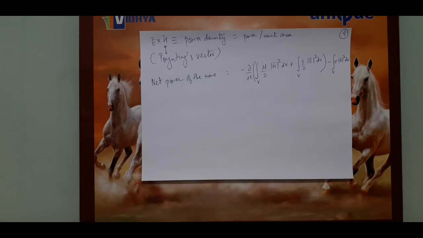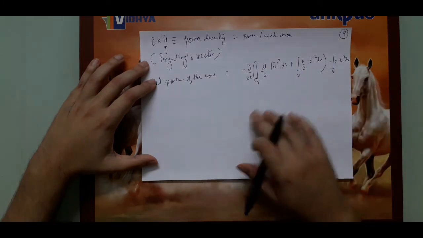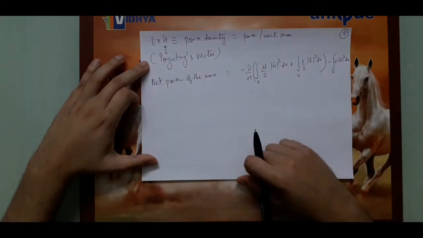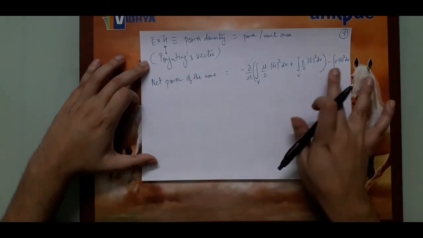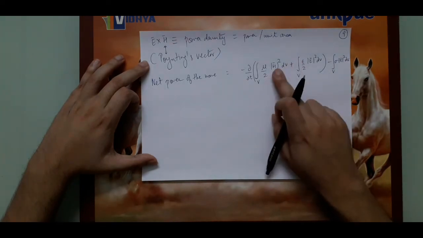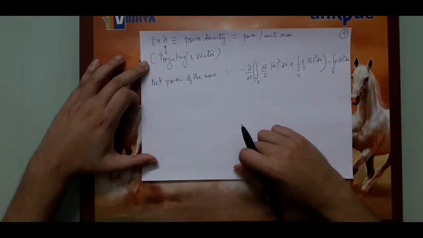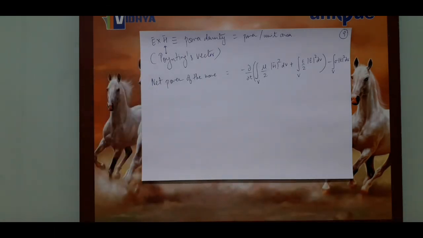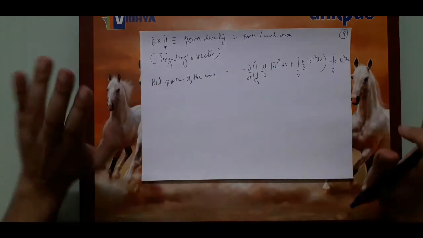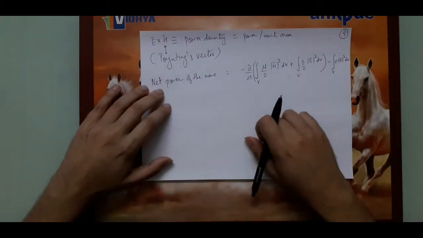We can see that there are clearly two terms which are carrying two power components. The first term indicates the power due to the E field and the H field components. So if there is a wave traveling in any medium which has some mu, some epsilon, these two integrals will always be there, and they will be non-zero.